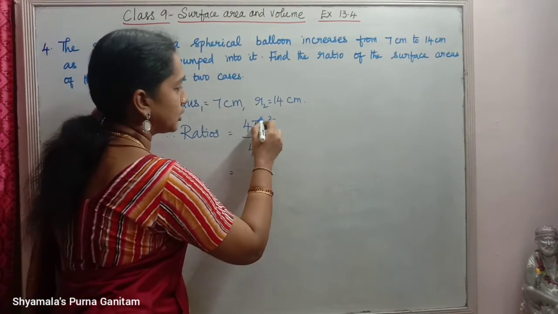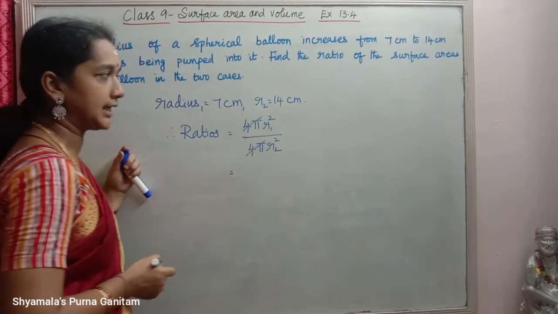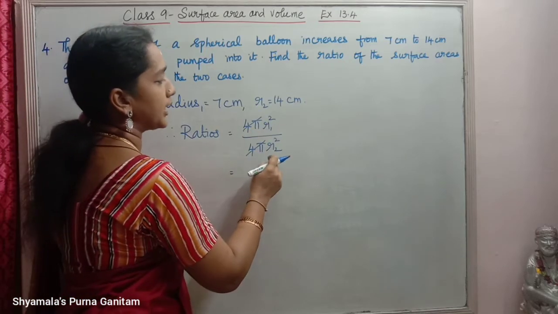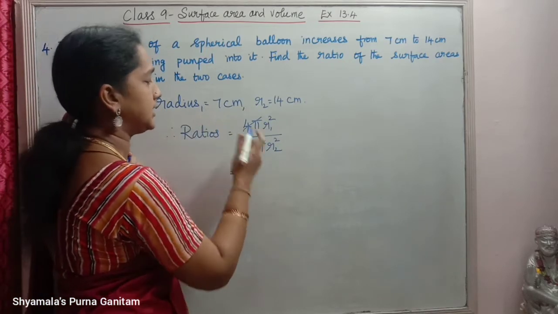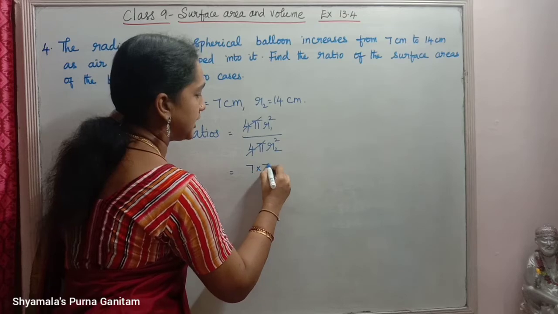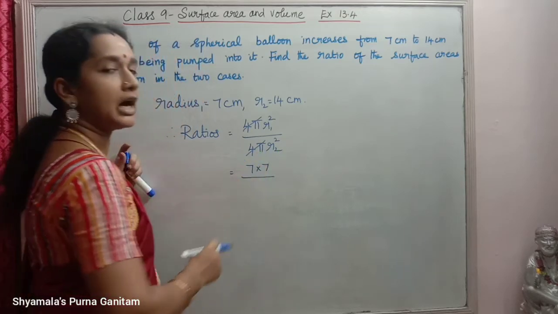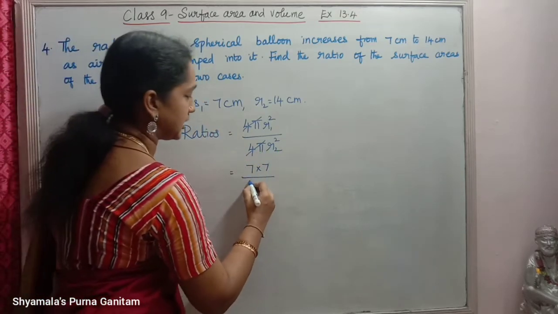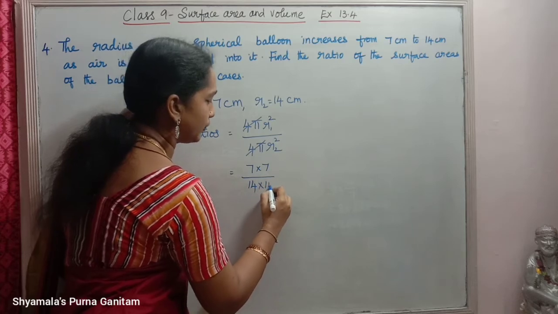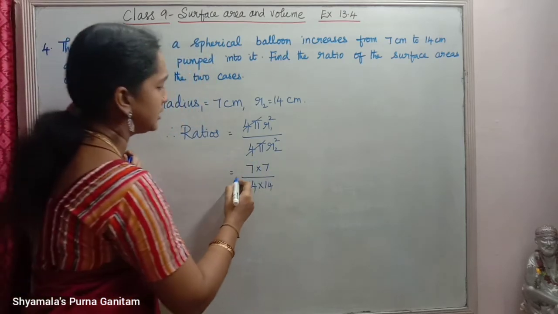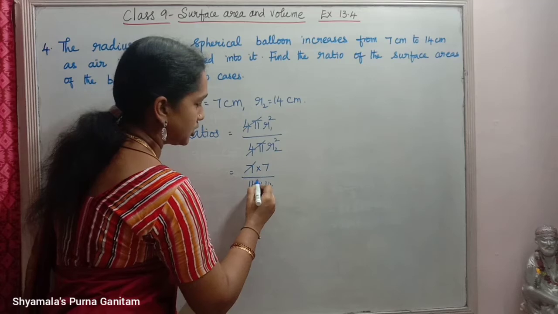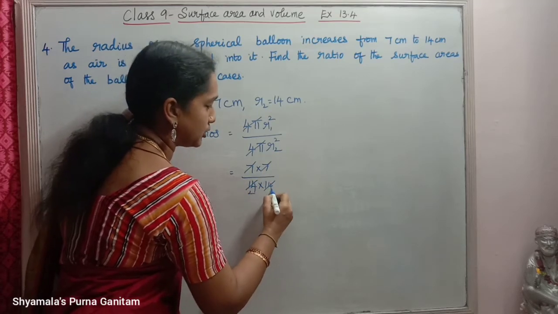So this is equal to 4 pi and 4 pi, we can cancel this, and R1 squared by R2 squared. So R1 is 7 centimeter, so 7 into 7, divided by R2, which is 14 into 14. That's all. Simplification, and we need to find the value. So 7 2s are 14 and 7 2s are 14.